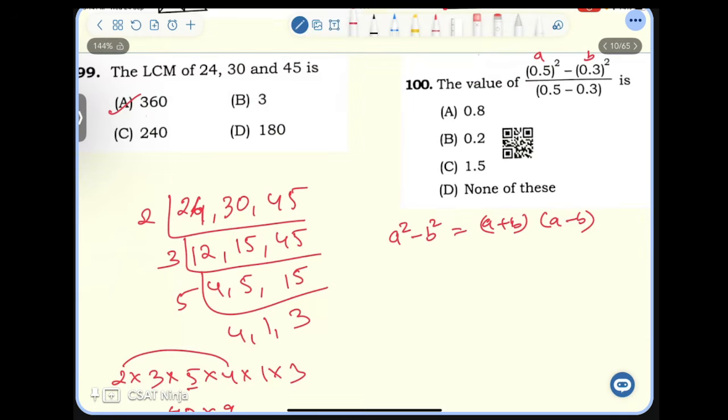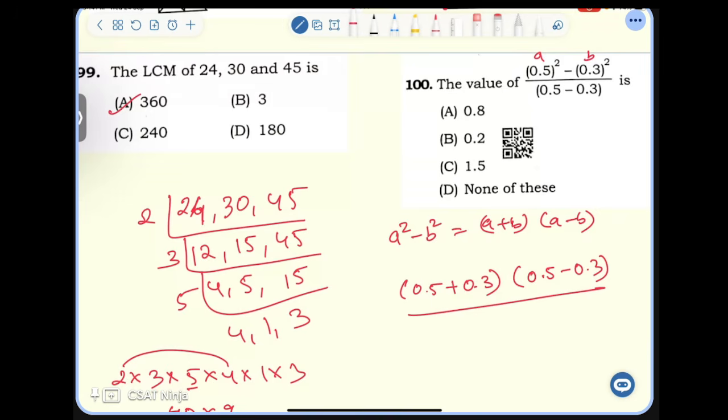That means (a plus b)(a minus b), divided by 0.5 minus 0.3. I can cancel this, which means 0.5 plus 0.3, which will give me 0.8, which is the answer there.